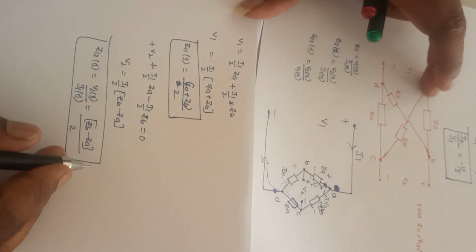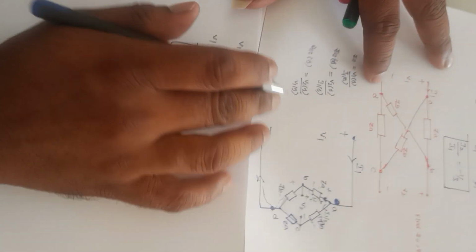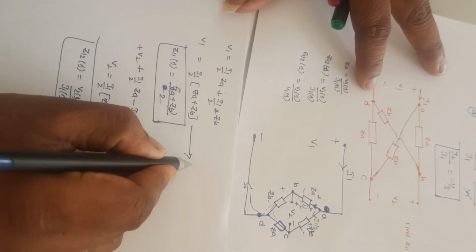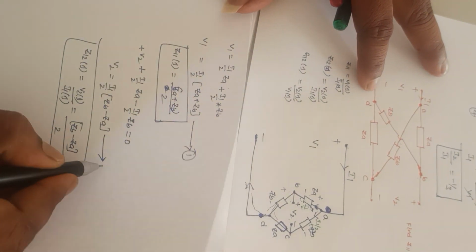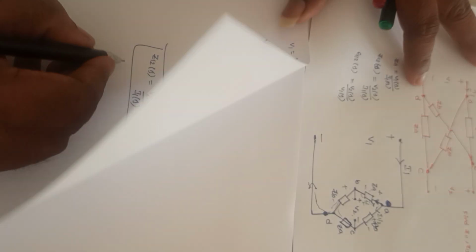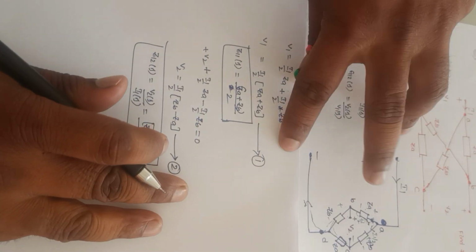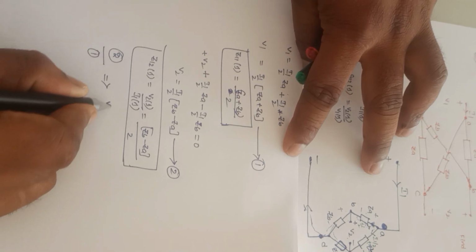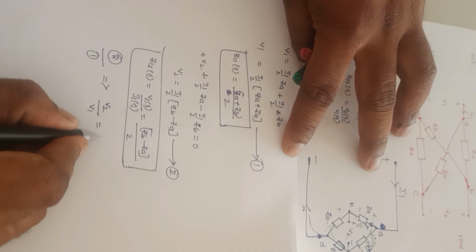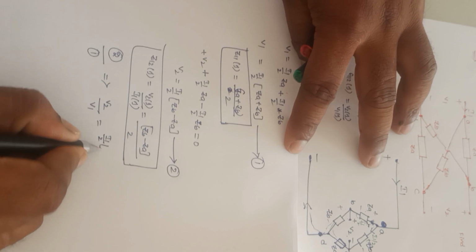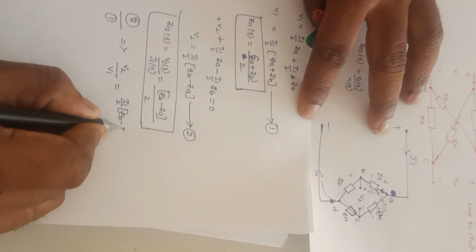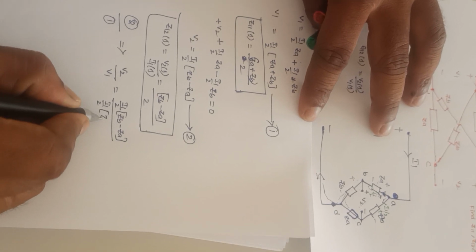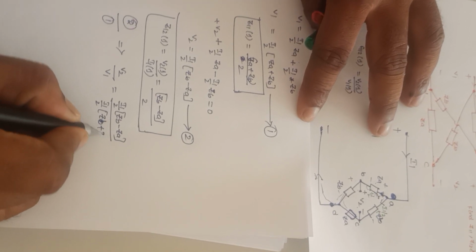Next, I need to find G12 of S, or G12 is equal to V2 of S divided by V1 of S. Let us consider V1 of S as equation 1, and V2 of S as equation 2. So equation 2 divided by 1 gives V2 by V1, that is equal to I1 by 2 into ZB minus ZA divided by I1 by 2 into ZB plus ZA.